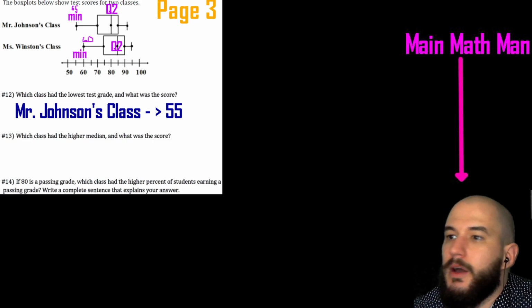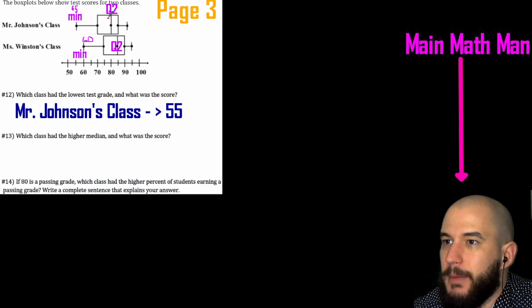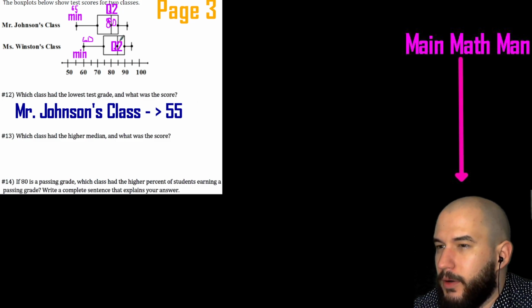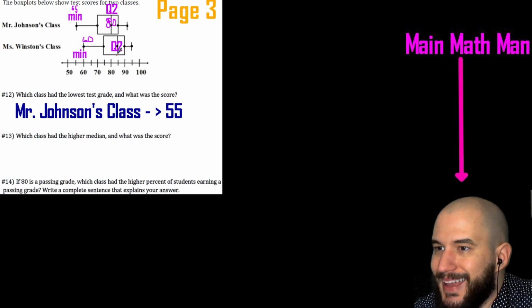What two values do we have for that? Q2 for Mr. Johnson's class is about 80. And our median for Miss Winston's class is about 85.